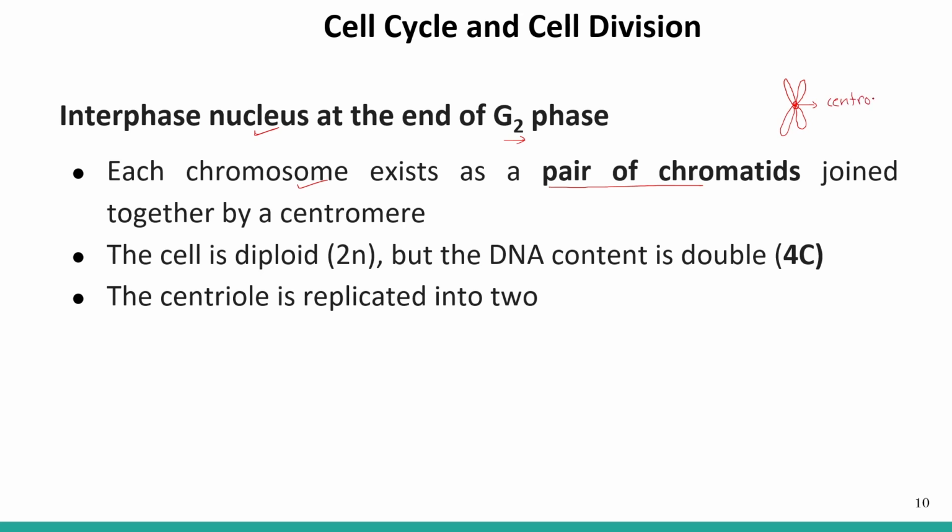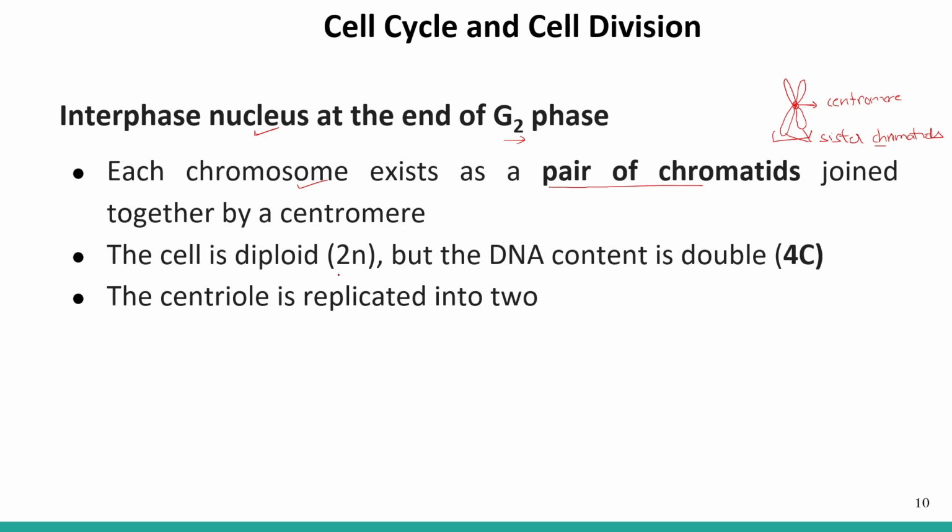This is the centromere and these are the sister chromatids. So a chromosome consists of a pair of chromatids joined together by a centromere.